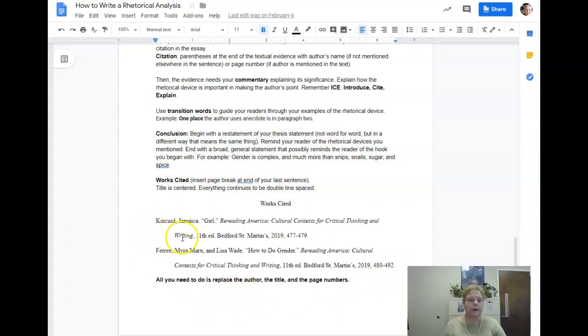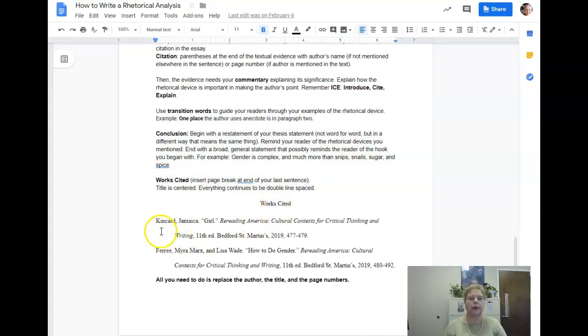It is also done in a hanging indent, as you can see here. And what this does is, if we were doing our research paper, now we're not, we only have one citation for this essay, but when we get to our research essay, you'll have multiple sources.